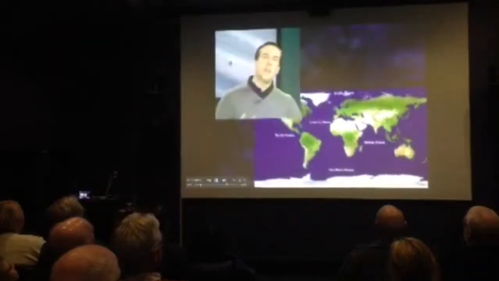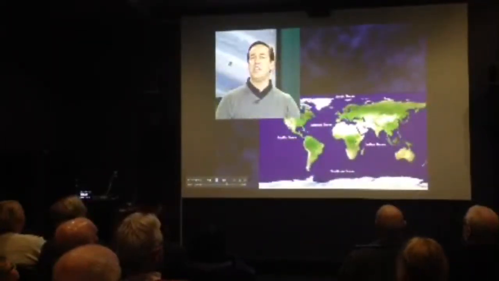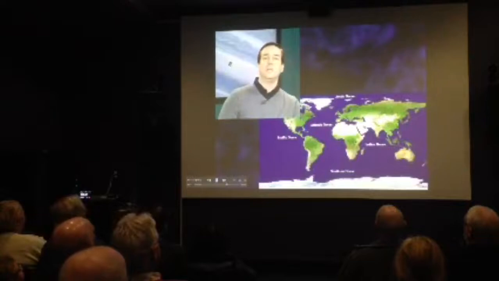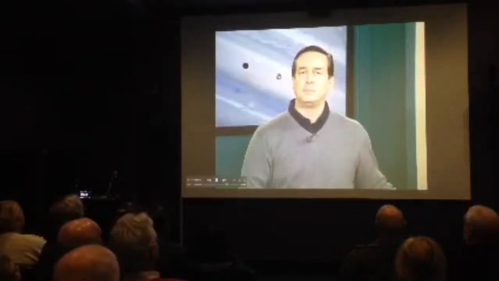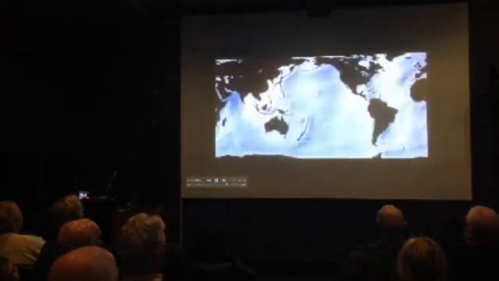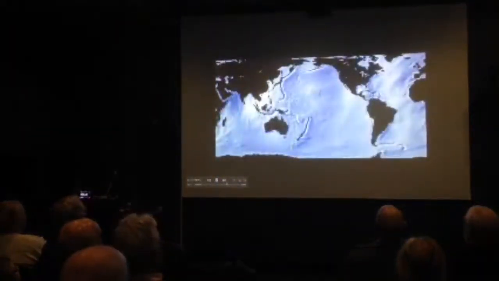The average depth of these oceans is about 13,000 to 16,000 feet, about the height of a really good mountain, but this is actual depth in the sea. The only one that's different is the Arctic Ocean, and it's a rather shallow ocean, goes only to about 4,000 feet deep.